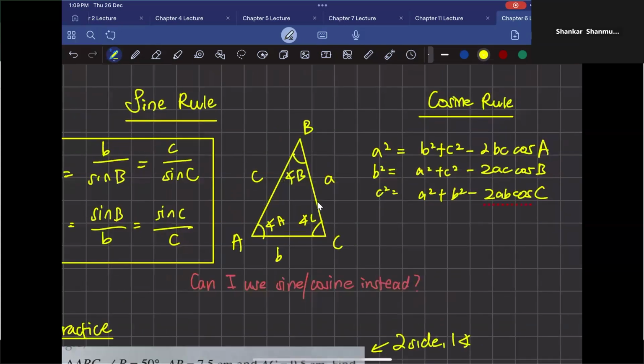In a case where you want to find the angle, again, it's just manipulating the equation.